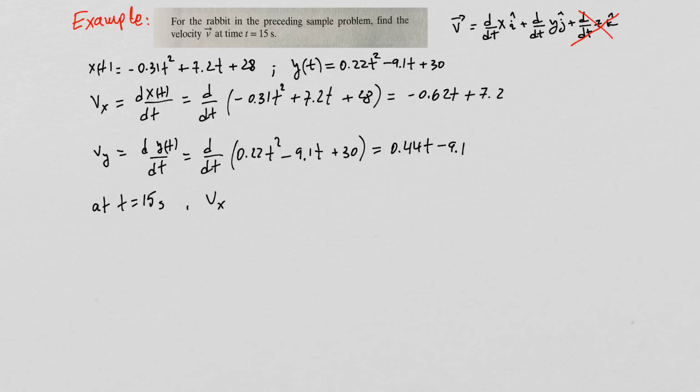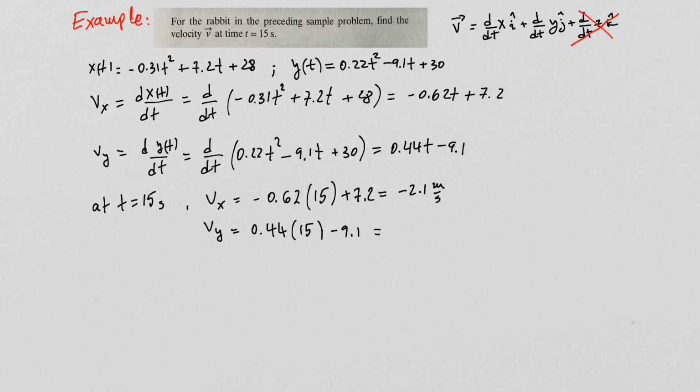So Vx will be equal to minus 0.62 times 15 plus 7.2, and that gives me negative 2.1 meters per second. And Vy will give me 0.44 times 15 minus 9.1, and this is equal to minus 2.5 meters per second.